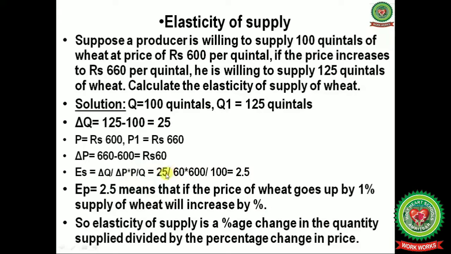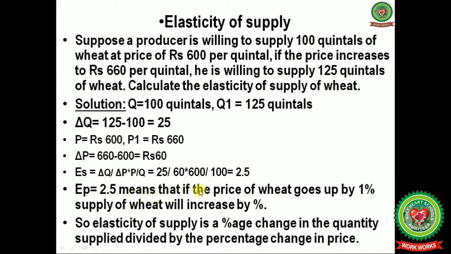Now change in quantity we have calculated as 25, and change in price is 60, multiplied by original price that was 600 and original quantity was 100. After calculation we will get 2.5. So elasticity of supply equals 2.5.